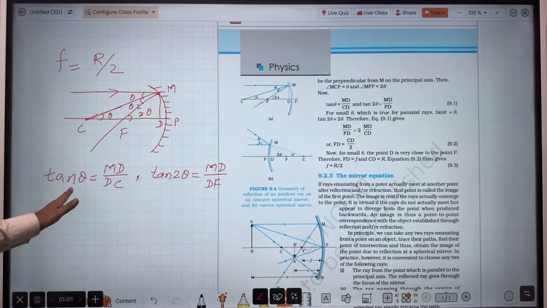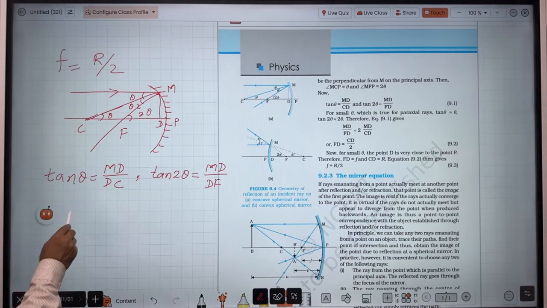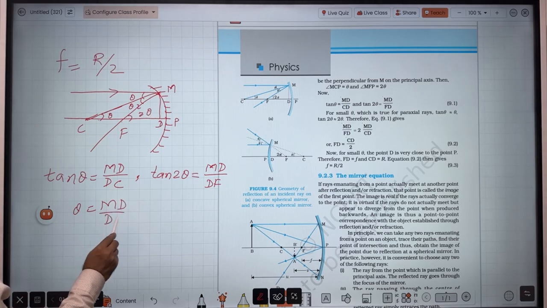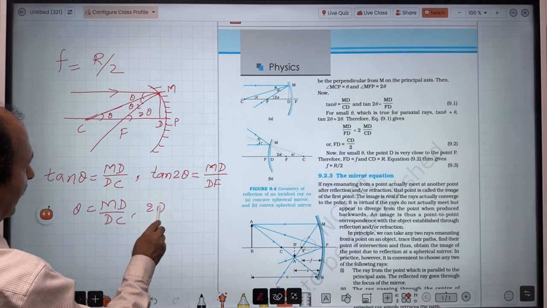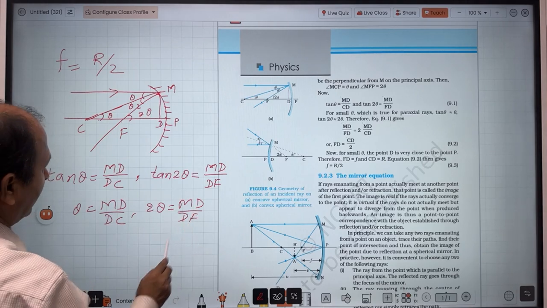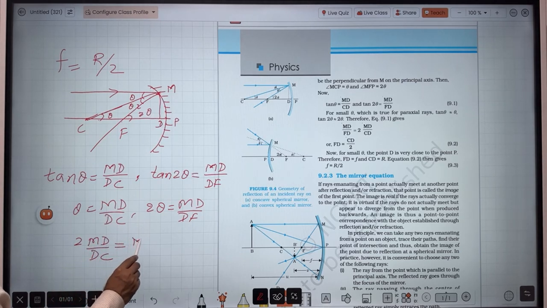And if theta is small, in that case tan theta will become theta and tan 2 theta will become 2 theta. So we can write theta equal to MD divided by DC, and 2 theta is equal to MD divided by DF, and then we put the value of theta here. So we will get twice MD divided by DC is equal to MD divided by DF.